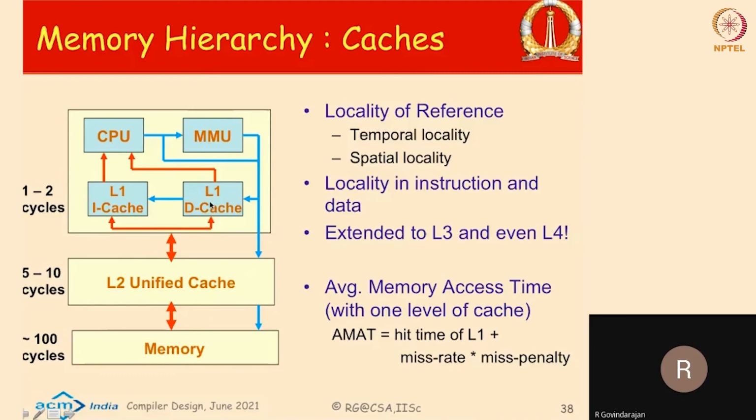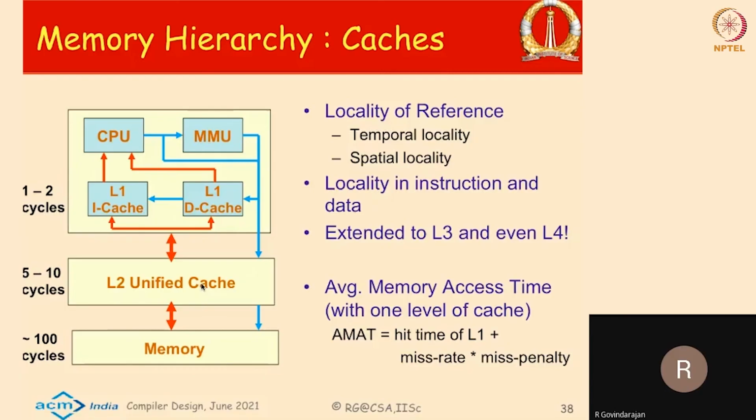So for example, if 90% of the time I'm going to get the data from L1 cache, and L1 cache has only a one cycle access time, then that is one cycle initially, and then for the remaining 10% of the data which is not there in L1 cache, I have to get it from L2 cache, so whatever is the access time from the L2 cache.